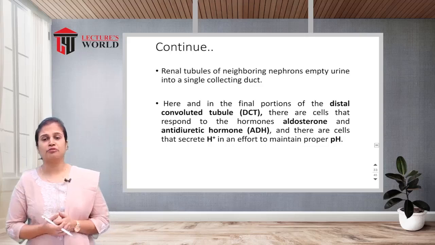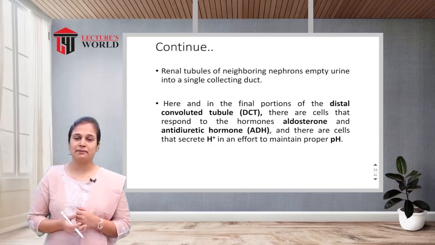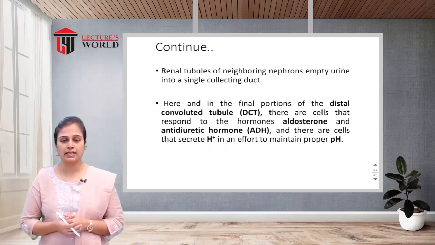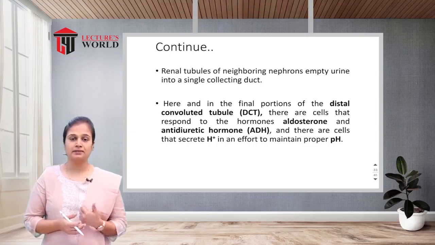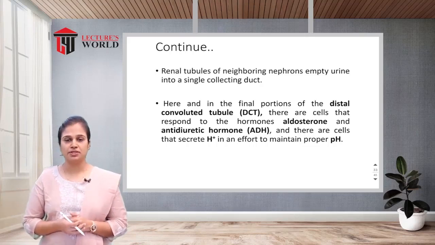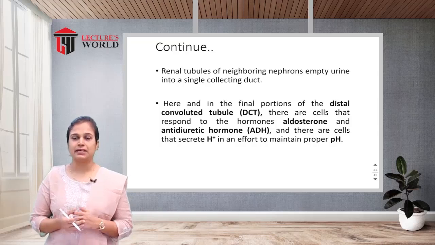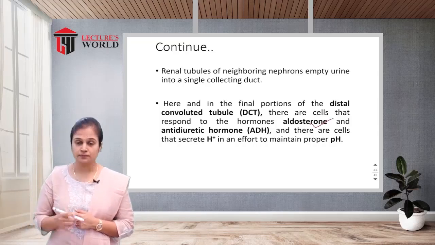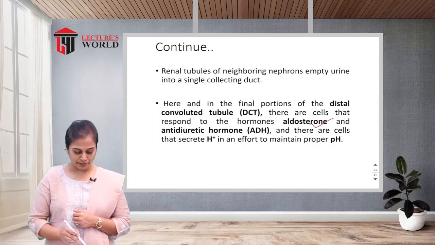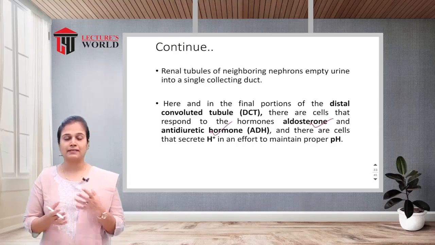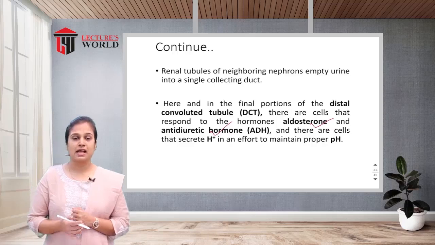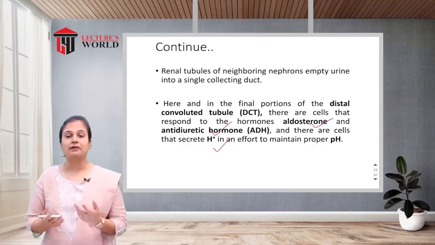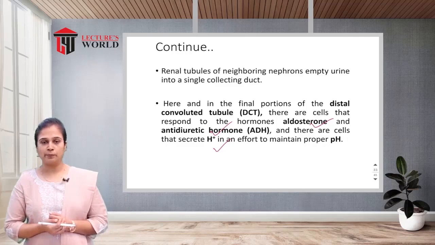Renal tubules of neighboring nephrons empty urine into a single collecting duct. Here, and in the final portion of the distal convoluted tubule, there are cells that respond to the hormones aldosterone and antidiuretic hormone, and cells that secrete H plus in an effort to maintain the proper pH.